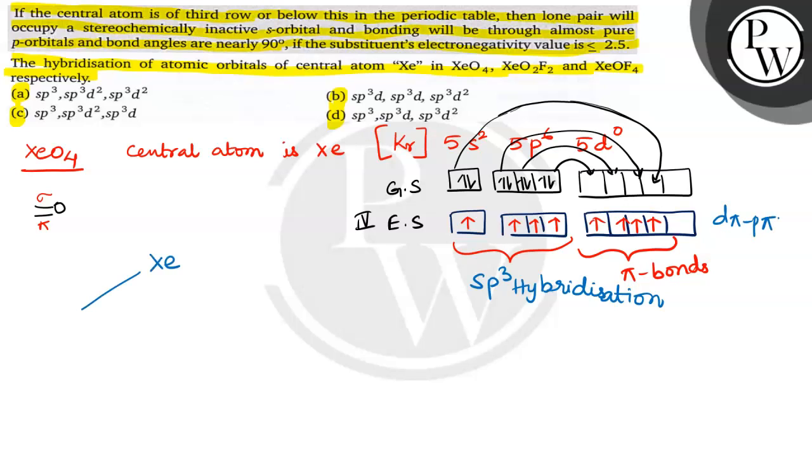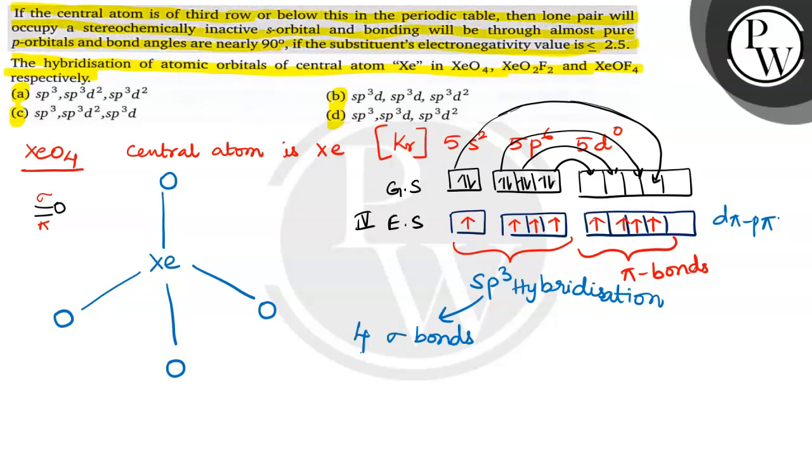Xenon, this is 1, 2, 3, 4. So it first forms 4 sigma bonds with sp3 orbitals. How many sigma bonds do they form? 4 sigma bonds they form. After the sigma bond formation with oxygen, these d orbitals form pi bonds.